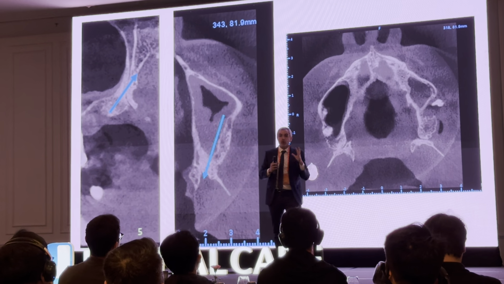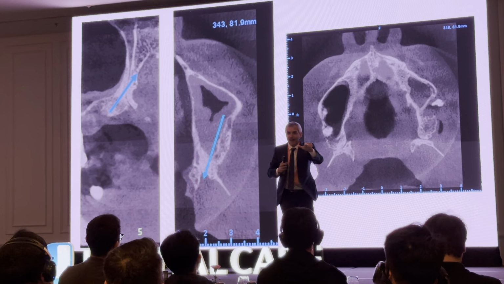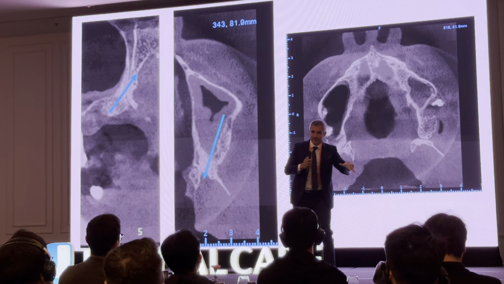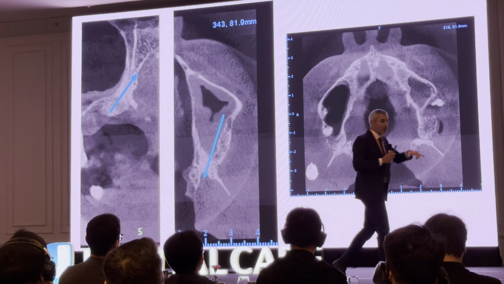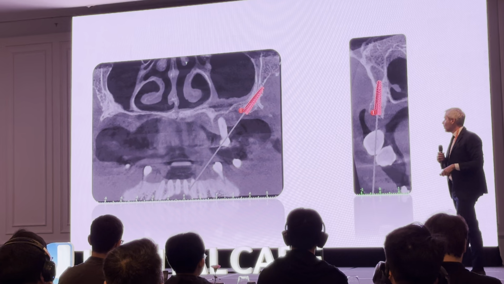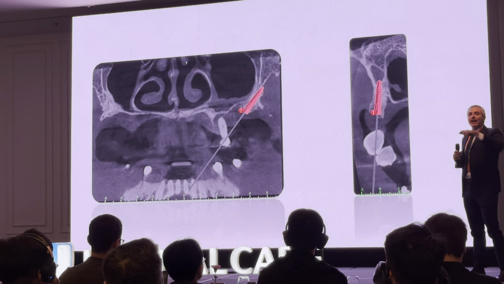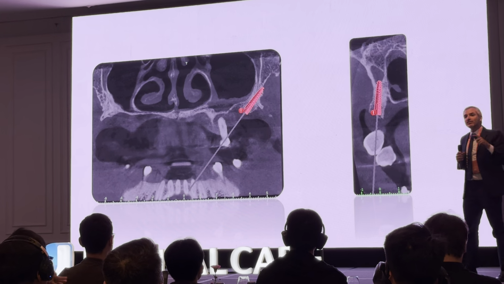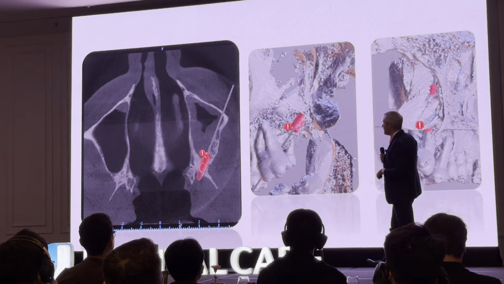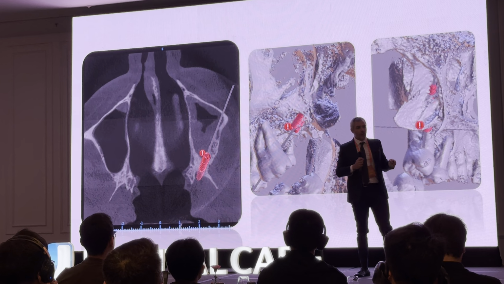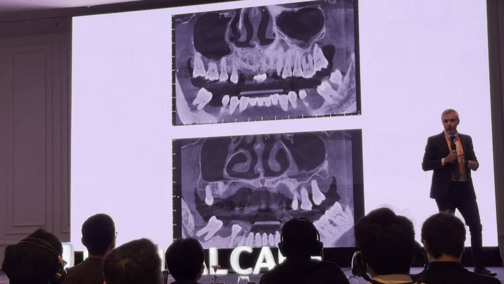Okay? So remember, soft, hard, and we fall down. Okay? Always, always the same. And we have to plan like that. Okay? Entering inside the pterygoid fossa from the coronal and the sagittal point of view.